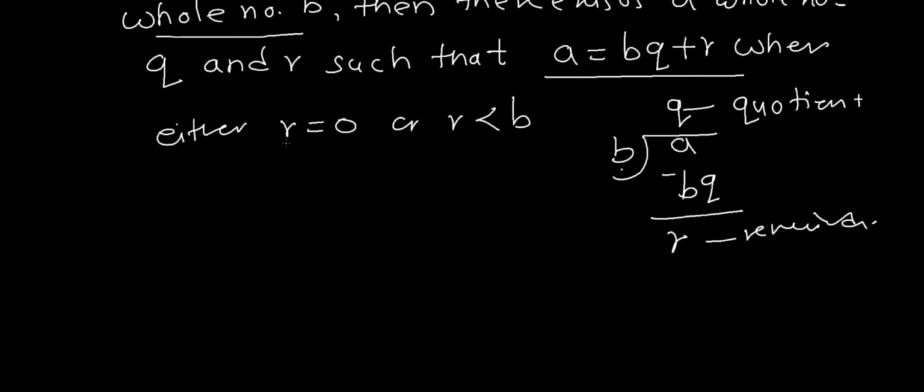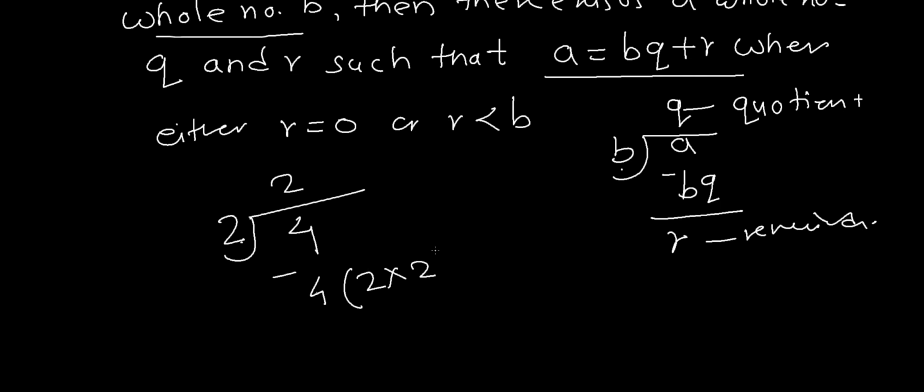So let's see, we will do simple division here. 4 divided by 2, 2 2s are 4. This 4 means this 2 into this 2, and their minus gives us 0, right?